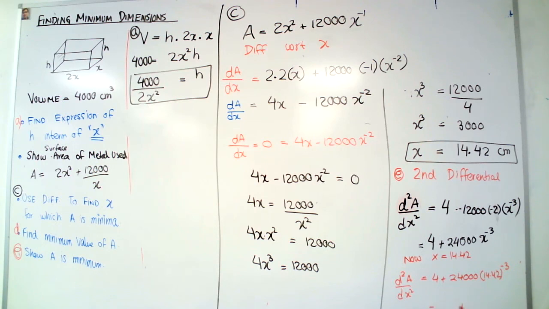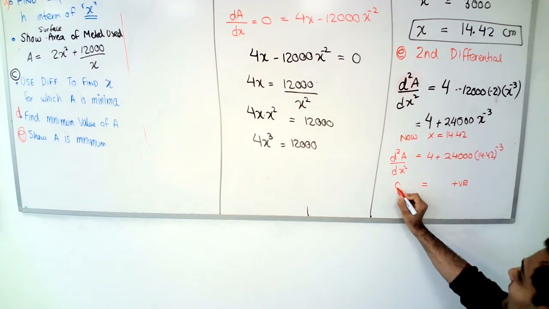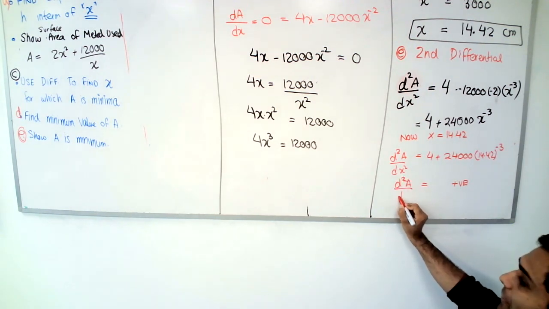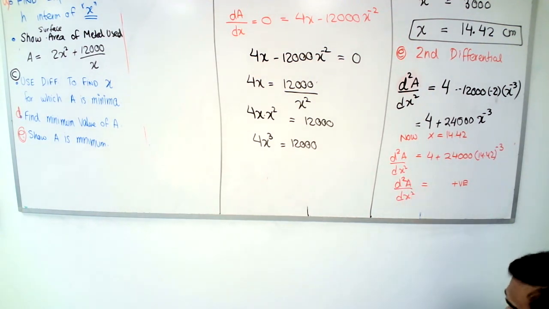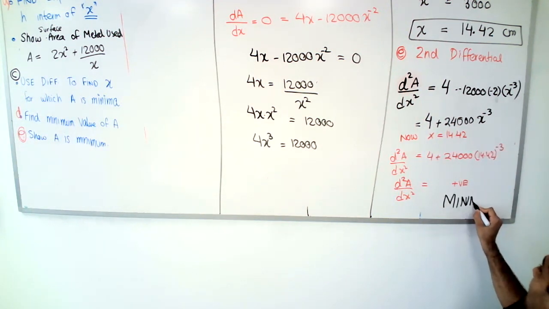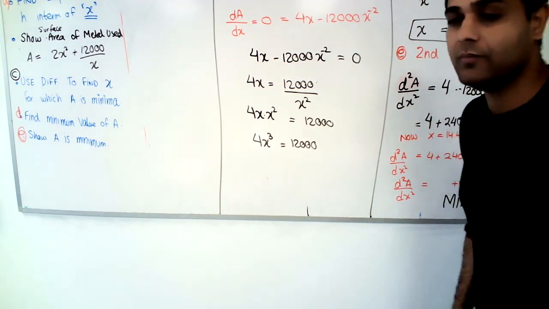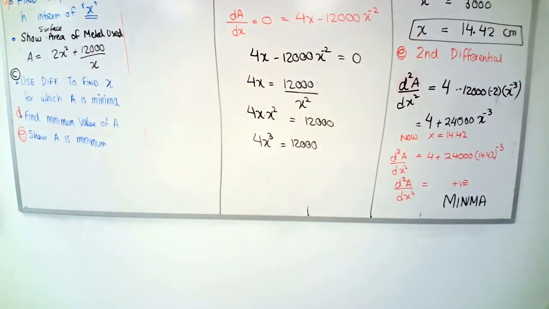It's obvious it's going to be a positive number. So it is a positive value. The second differential is positive, which means this is a minimum value of the x that you need. So you can achieve that volume of 4,000 centimeters cubed. Yeah, so that's how it works. It can be like a cylinder. You can make anything.